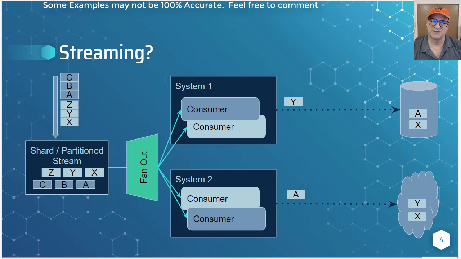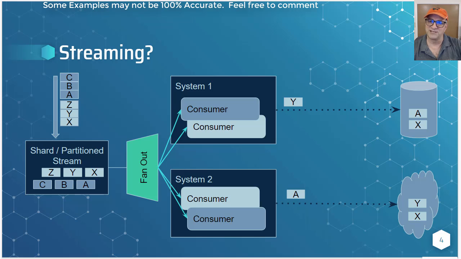And when those are processed, depending on the way the consumers for the shards work out, they may show up in different orders. So here I've got 2 different systems, System 1 and System 2, that are really listening on the same stream. They're picking up the same events. And one of them, because of the way the consumer per shard worked out, ended up picking this up in XAY, right?